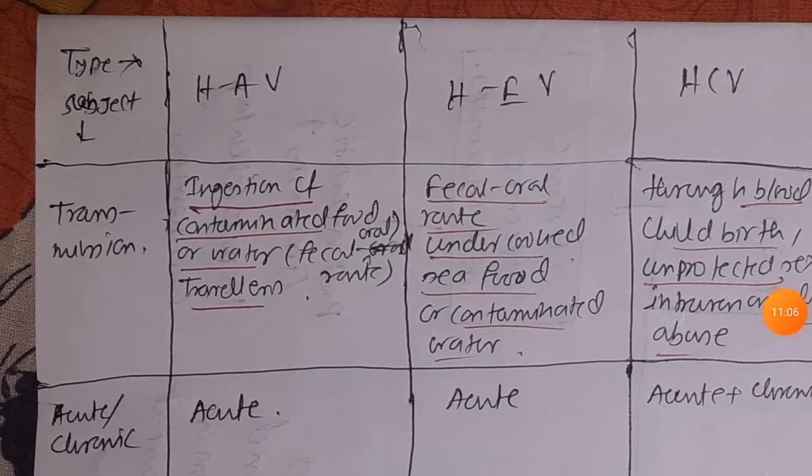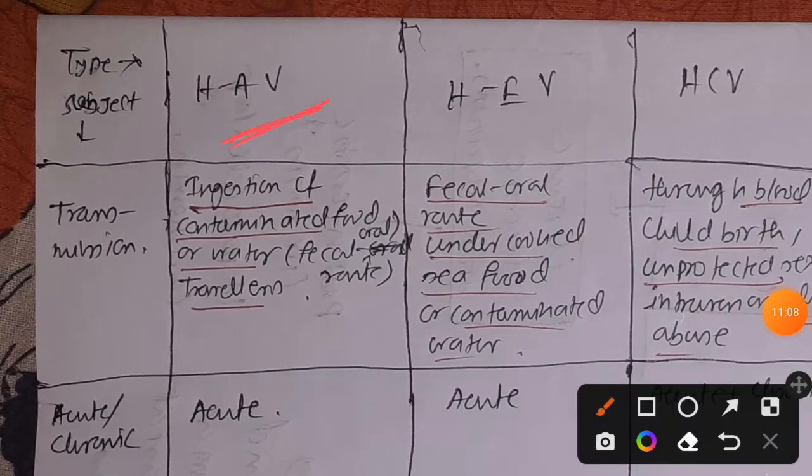Okay, so HAV is transmitted through ingestion of contaminated food or drinking of contaminated water. It may be observed in travelers, mainly acquired by travelers. So the transmission route is the fecal oral route.